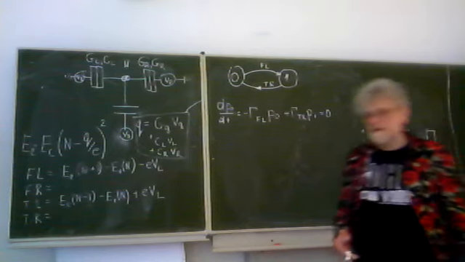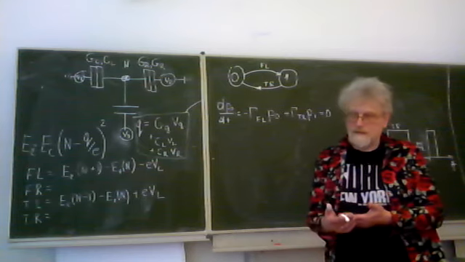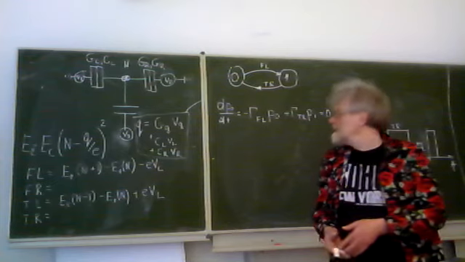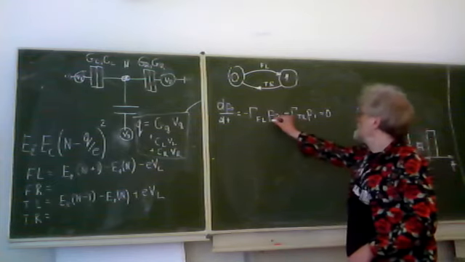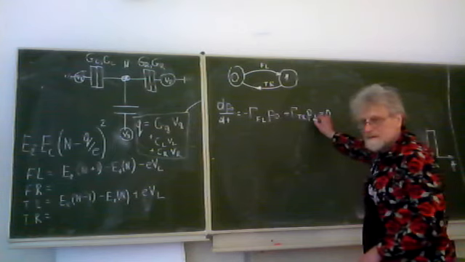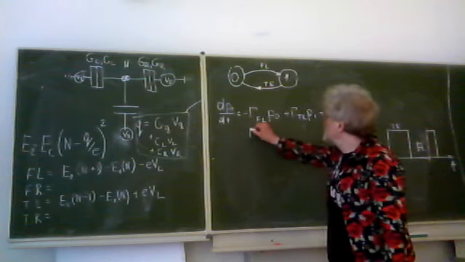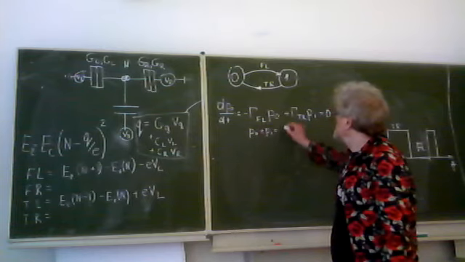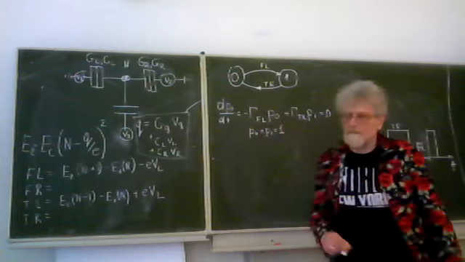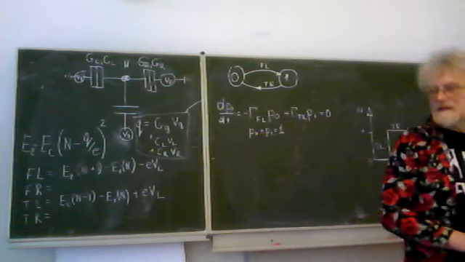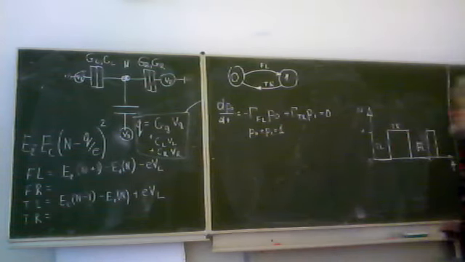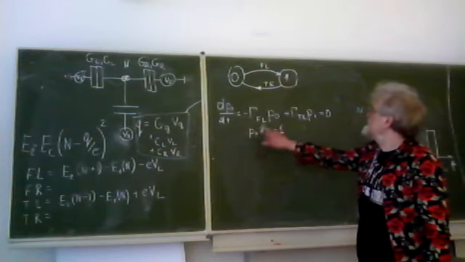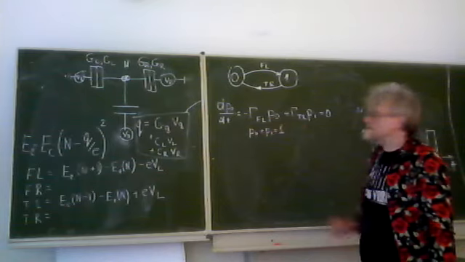Because we would need 2 equations for 2 unknowns, for P0 and P1. But we know for sure that the sum of these 2 is 1. So I can use this equation to find, for instance, P0.